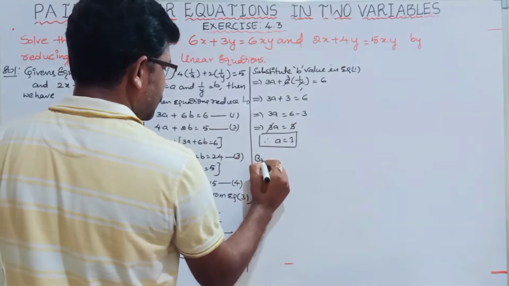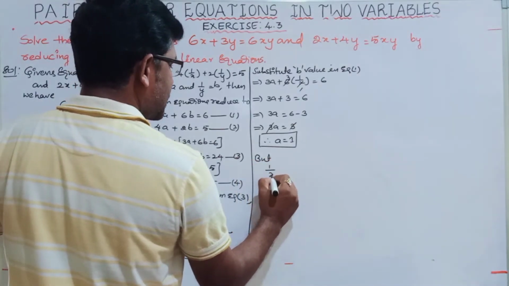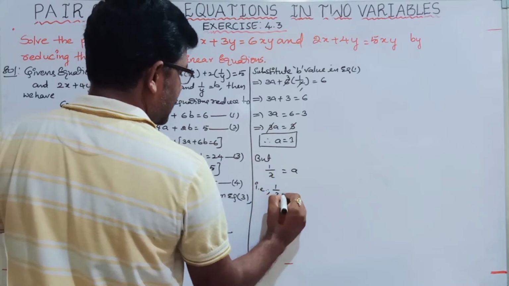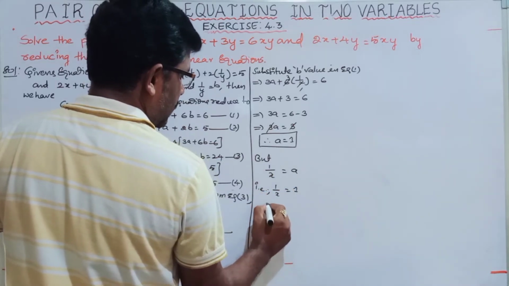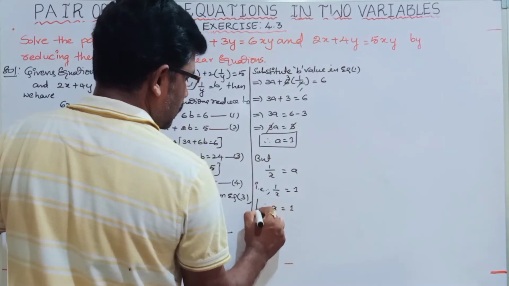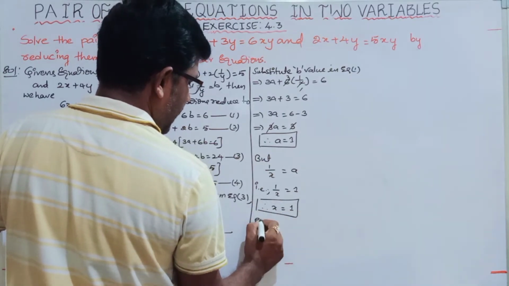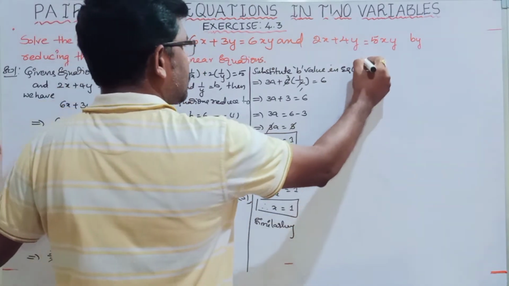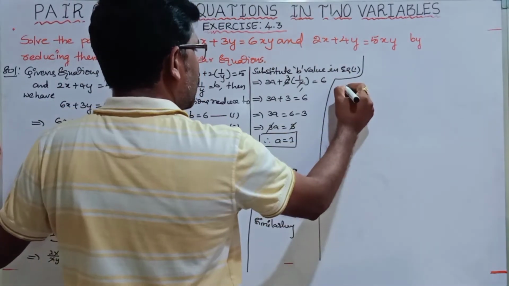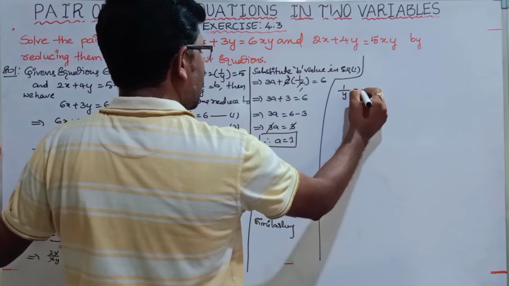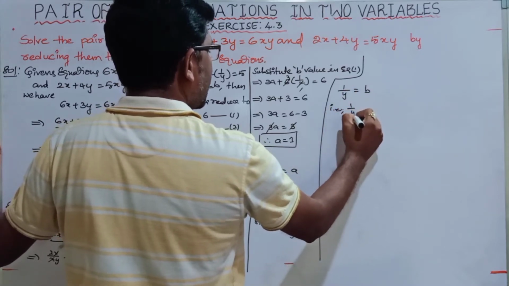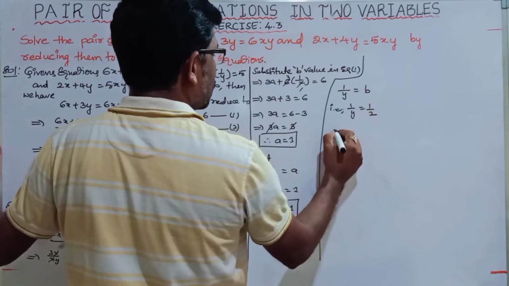But 1 by x is equal to a, that is 1 by x is equal to 1. Therefore, x is equal to 1. Similarly, 1 by y is equal to b, that is 1 by y is equal to 1 by 2.